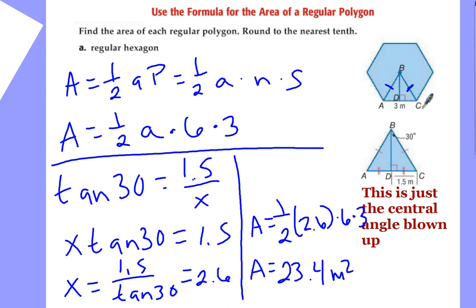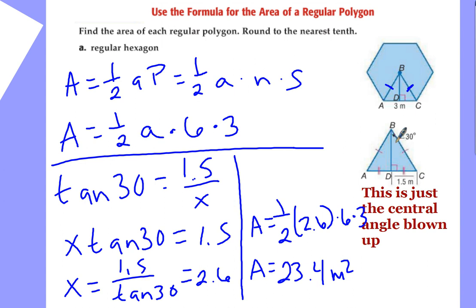Well, we blew up this triangle right here to realize that since this is a hexagon, the central angle ends up being 60 degrees, right? 360 divided by 6 for the number of central angles. There would be 60 degrees. Well, the apothem would angle bisect an equilateral triangle. And so that means that degree measure was 30 degrees.